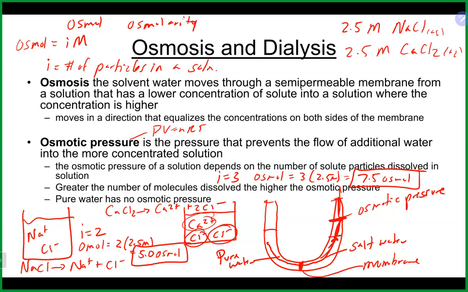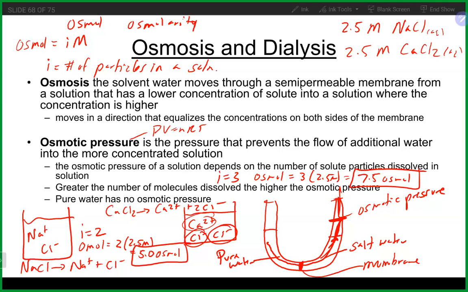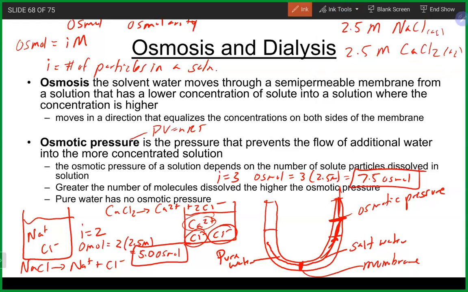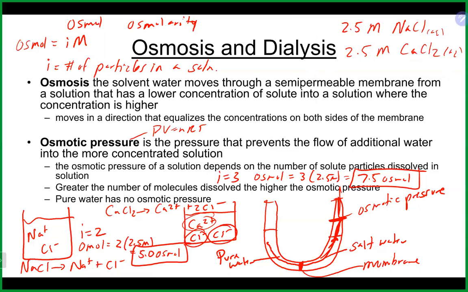So osmosis, once again, is that flow of solvent molecules from a lower concentration to a higher concentration. And that also is what happens when we do something like reverse osmosis. So what is reverse osmosis? Reverse osmosis is when you apply a pressure that is greater than the osmotic pressure heading the other way.